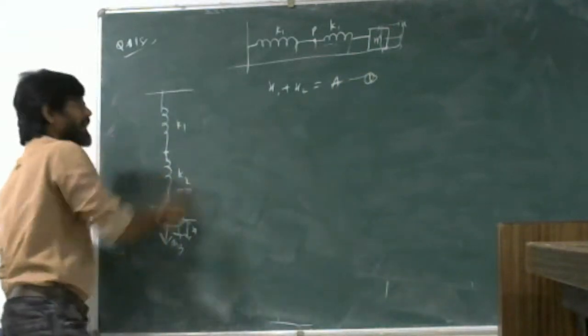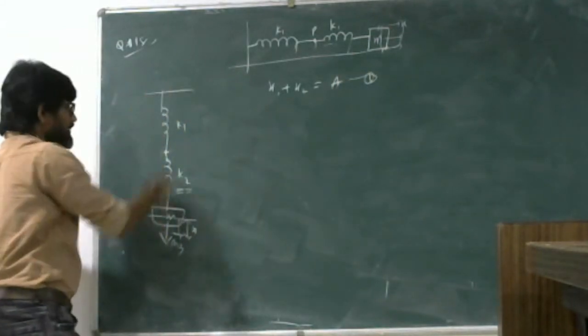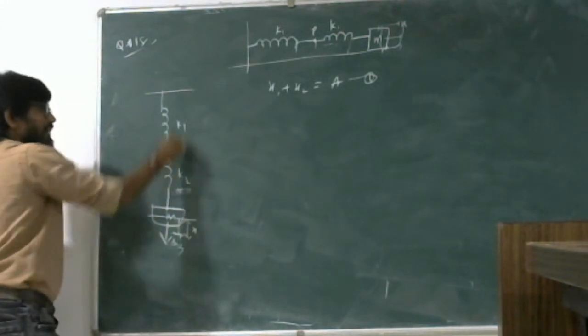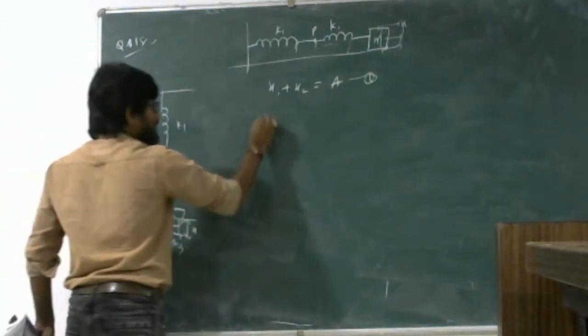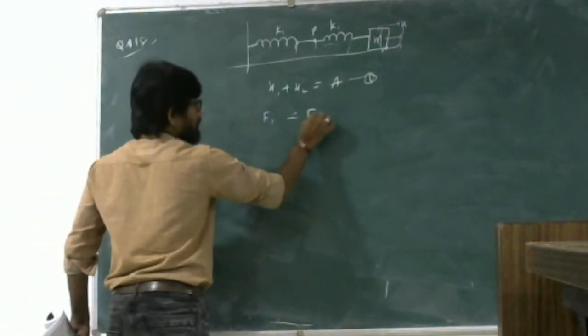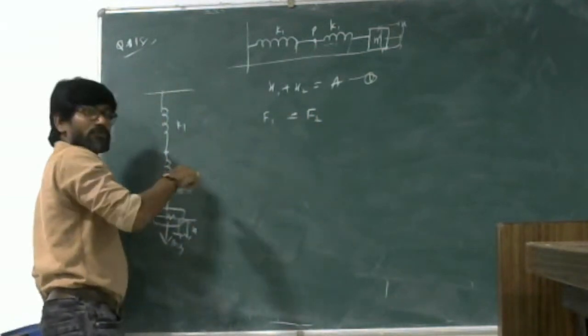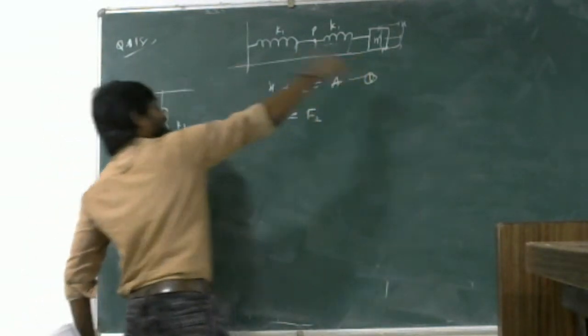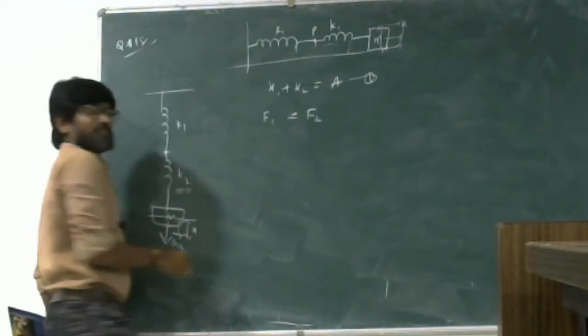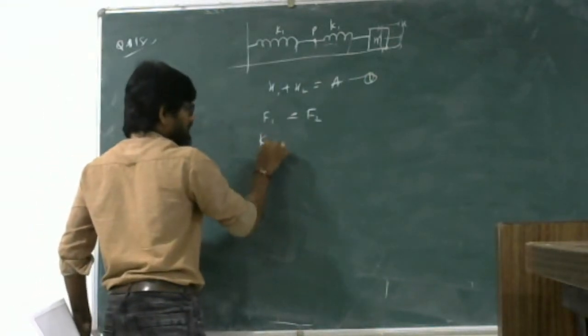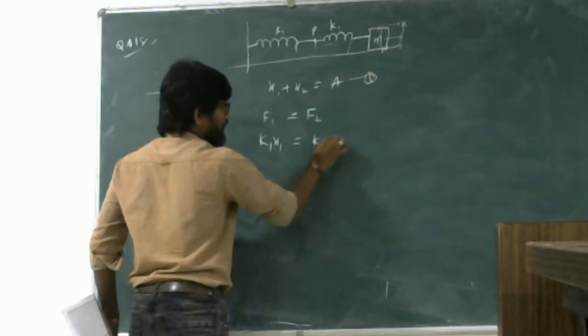But as the same force is acting on both the springs, which have spring constants K1 and K2, the force acting on one is equal to the force acting on the other. So if a force acts in this direction, the spring force acts in the opposite direction, that is Kx. So for this it is K1 x1, for this it is K2 x2.